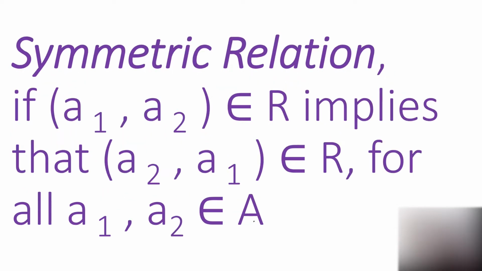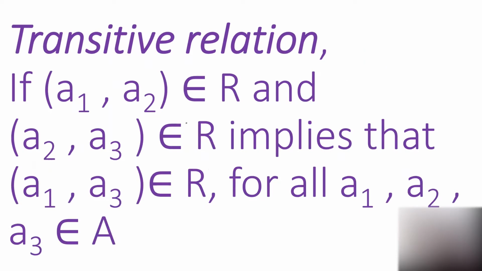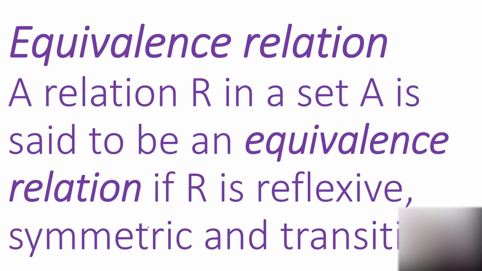Second is symmetric relation. A relation is said to be symmetric if A1 is related to A2 implies that A2 is also related to A1, for all A1, A2 belongs to A. Transitive relation: a relation is said to be transitive if A1 is related to A2 and A2 is related to A3 implies A1 is related to A3, for all A1, A2 and A3 belongs to A. Next is equivalence relation.